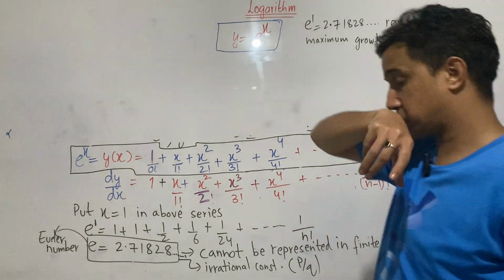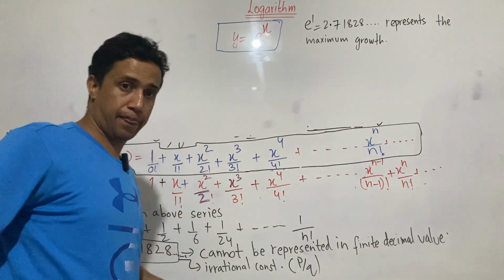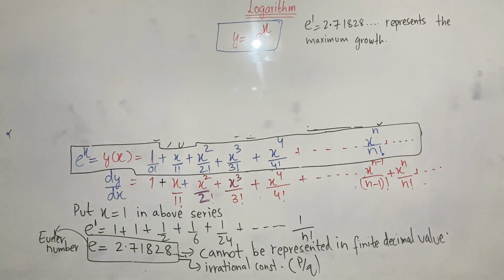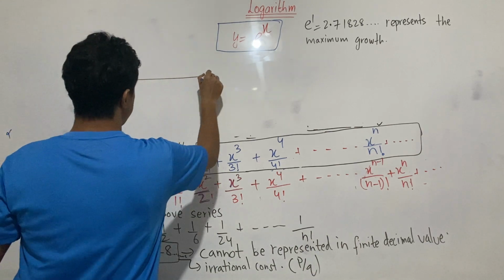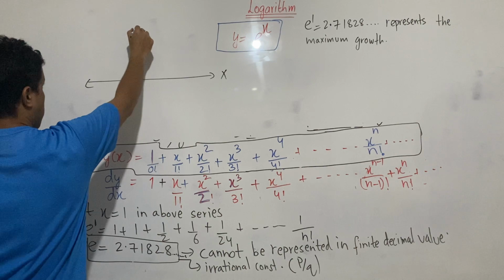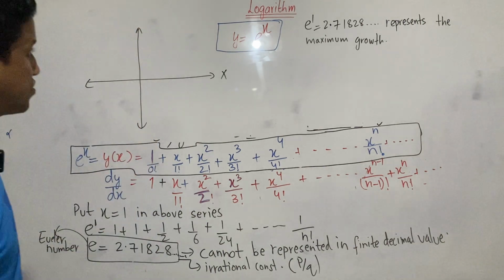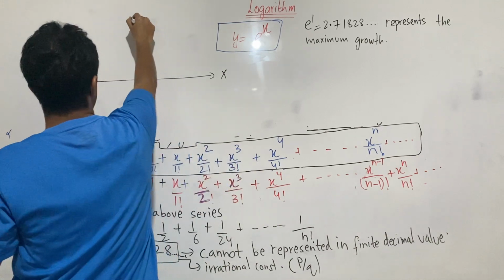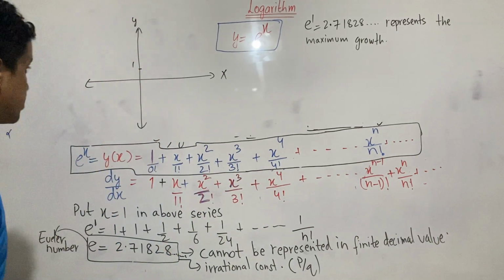Let's talk about its graph, the graph of this e to the 1. Now see here, this is your X, this is your Y.